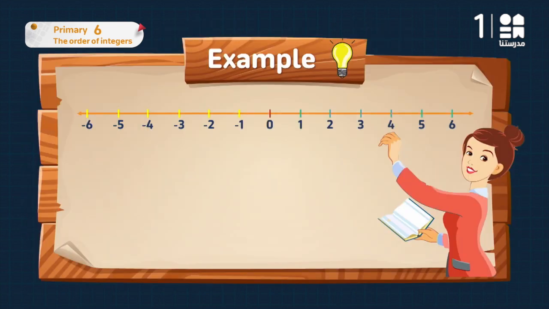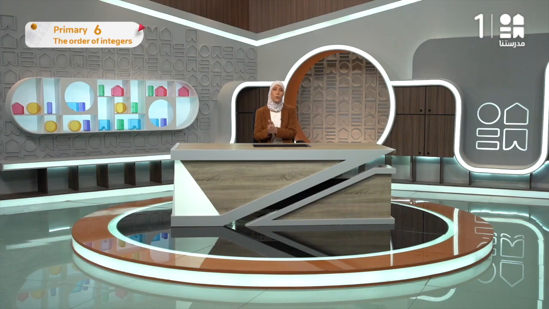For example, I am drawing here the number line. This number line represents the set of integers: positive integers, 0, and negative integers. So it's very important to know the set of integers. Study the form of the number line that represents the set of integers, starting from the positive integers, 0, then the negative integers.